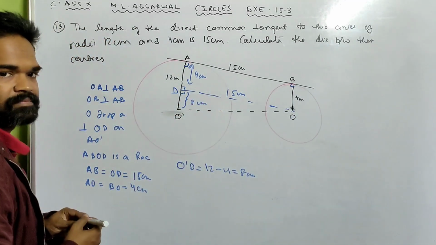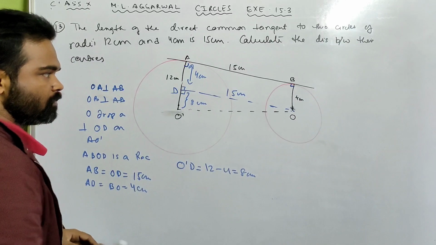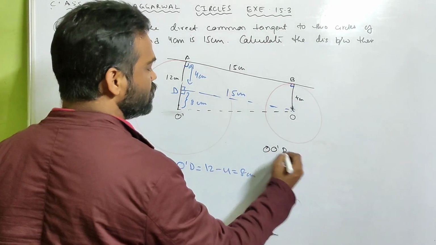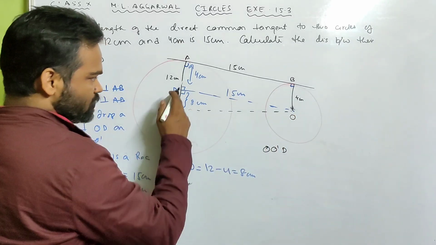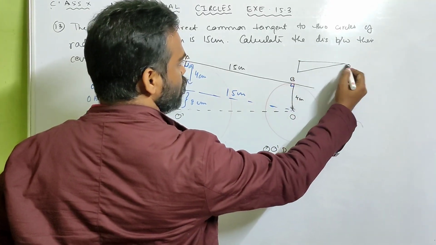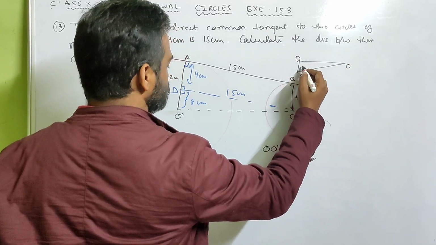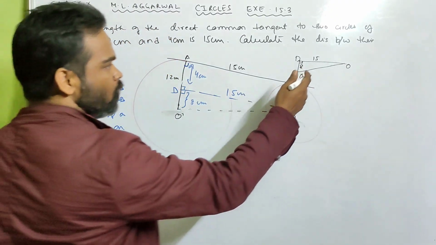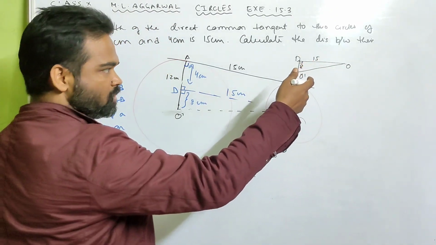Done? Yes or no? Now look at the triangle O dash OD. Look carefully. This is 8, this is 15, this is 90 degree. So we need to find the hypotenuse.